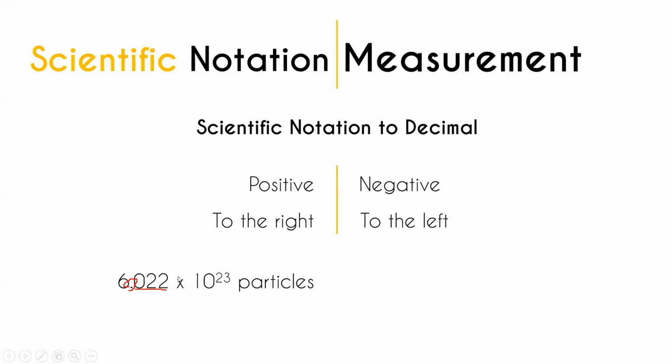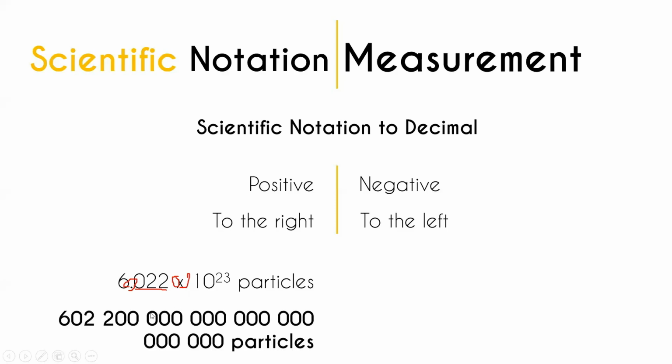So that means, dadagdag ka na lang ng 20 zeros. So 20, 1, 2, 3, 4, 5, 6, 7. So dadagdag ka na lang ng 20 zeros. 2, 3, 4, 6, 8, 10, 12, 14, 16, 18, 20. So 20 zeros. So ganun lang ang gagawin. Dagdag ka lang ng 0.